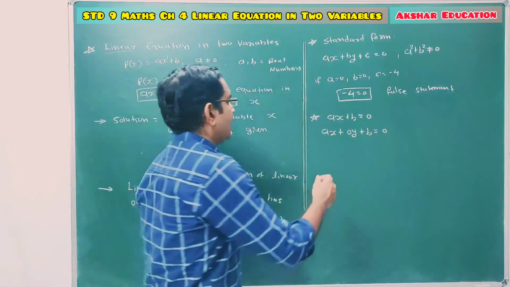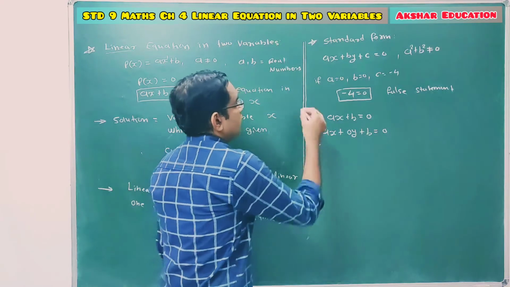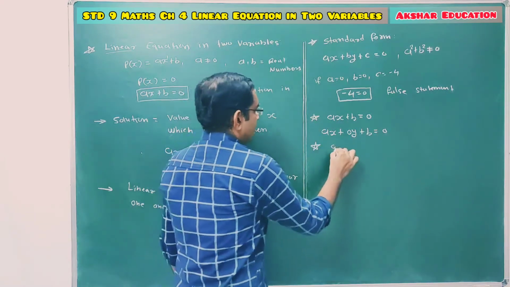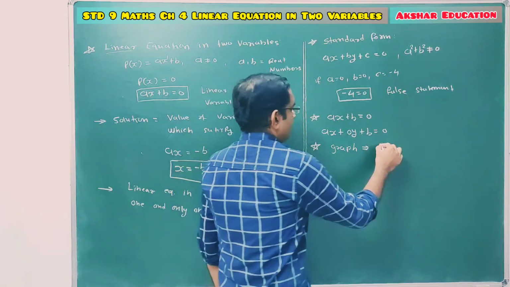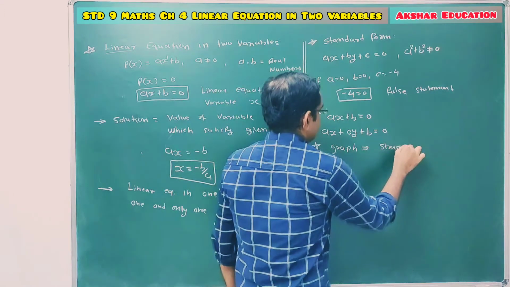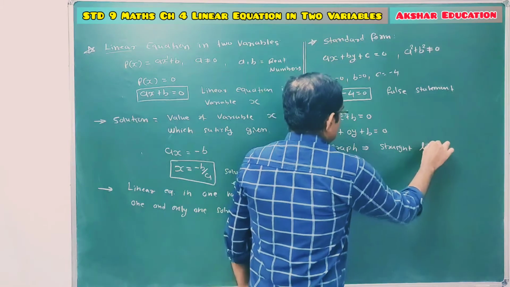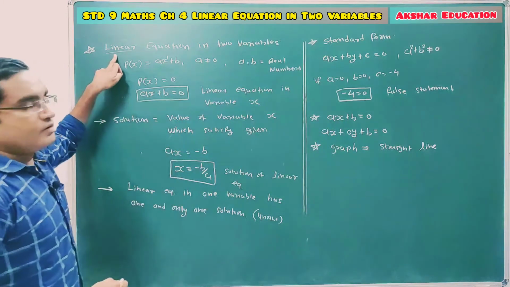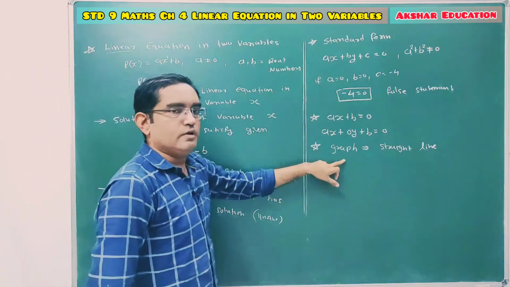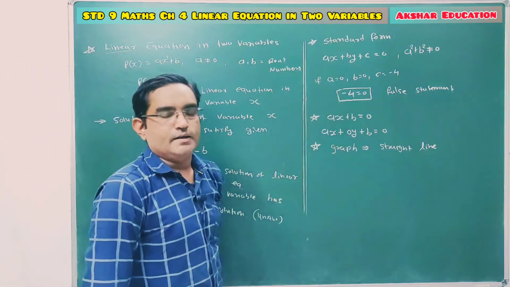Now if we draw the graph of this linear equation in two variables, then the graph of this equation will always be a straight line. As the name is there, linear, the graph will be a straight line. Clear?